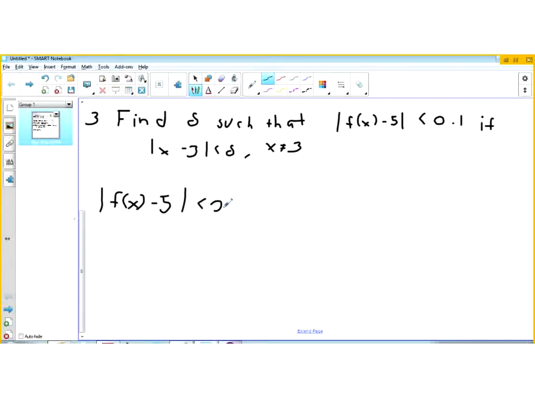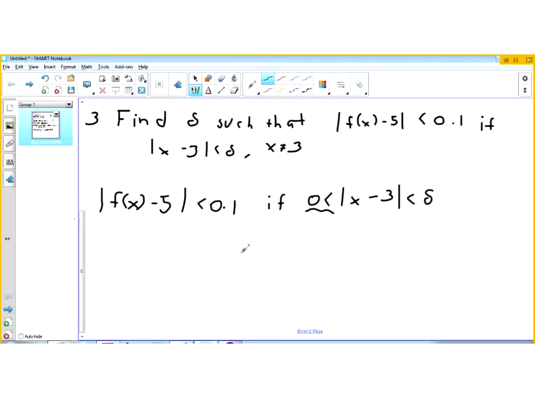That distance is less than 0.1 if the distance from 3 on the x-axis is less than delta. Now, I've put this 0 here as a lower bound, because if I plugged in 3, I would have 0, but this is a strict inequality. So putting this here means that I have to exclude 3 as a value for x.